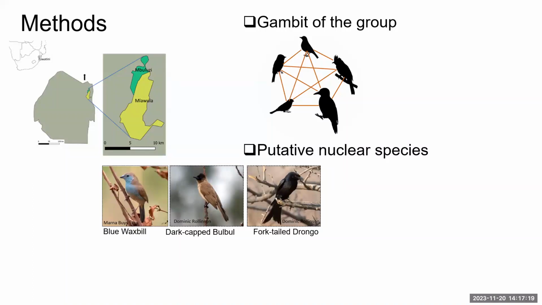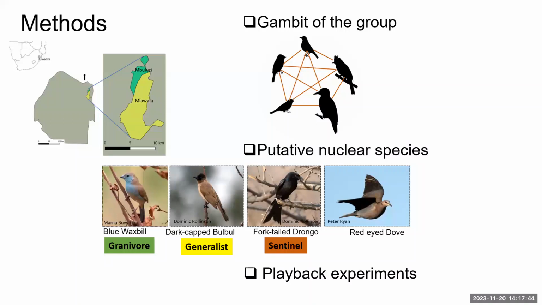So we used these 3 as our potential nuclear species, and we wanted to test their influence on species that usually participate in mixed flocks. The red-eyed dove did not participate in mixed flocks, so we used the dove as a control.